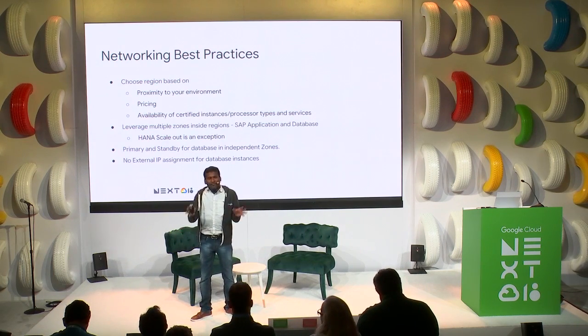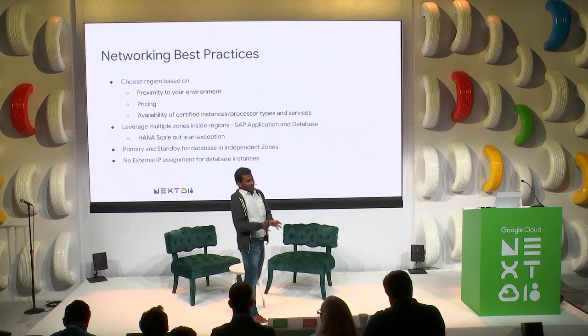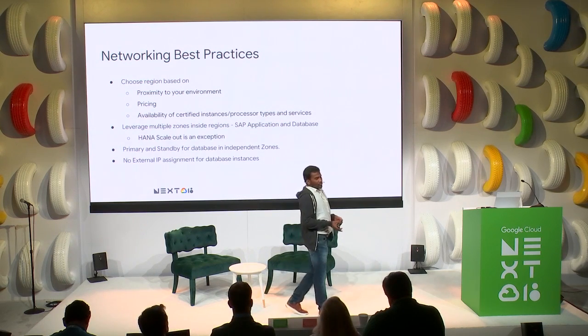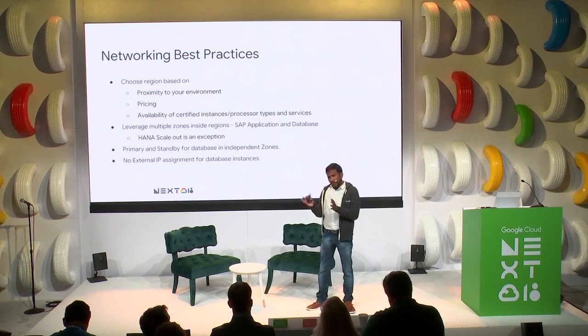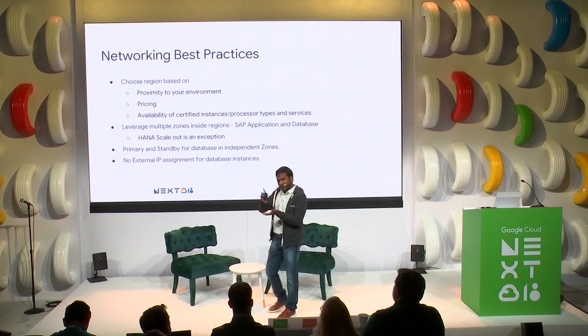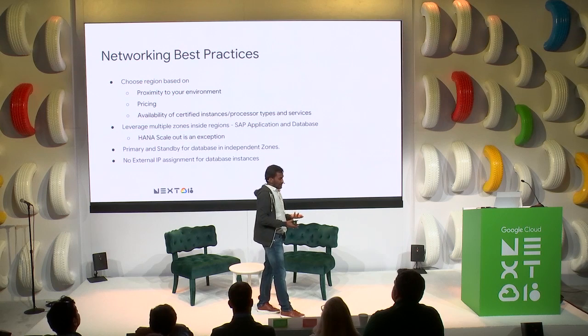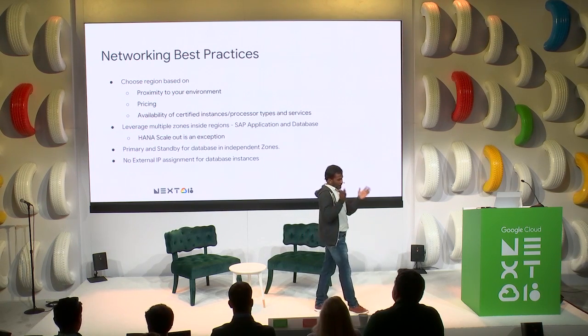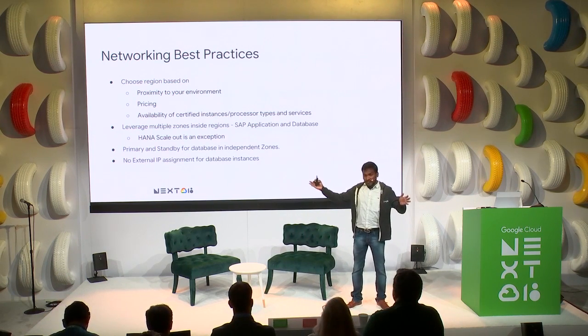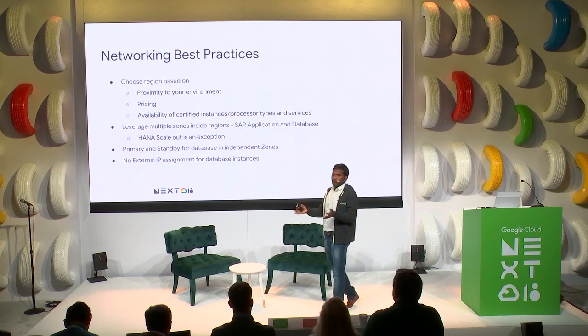Secondly, let's say you have a tie between 2 regions. How do you decide which region you want to choose? GCP or any cloud provider for that matter will have different pricing across different regions. So that's something that you need to consider. You cannot assume that the pricing is similar across all the regions that we have across the cloud. That's not the case. So you'll have to look at pricing.